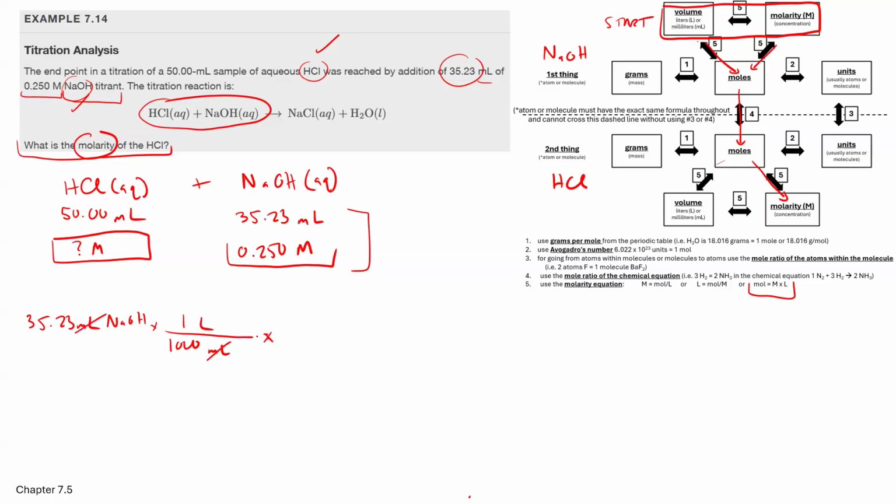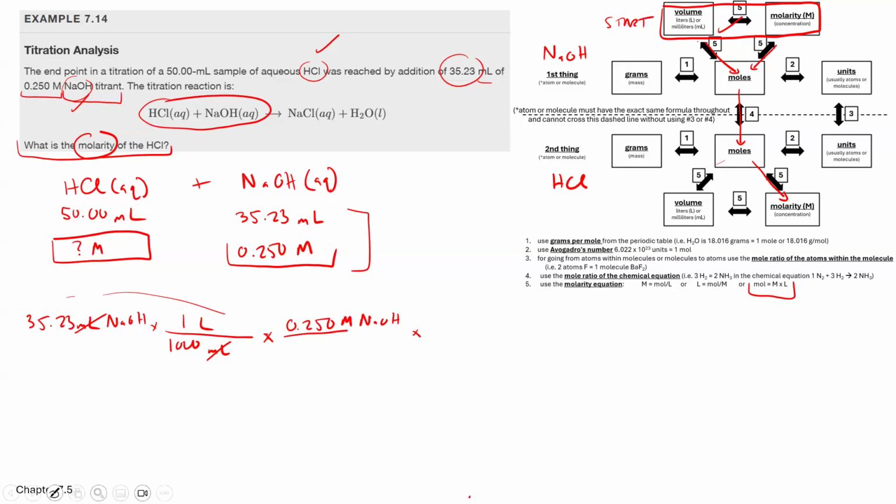Mils cancel out, and we have now liters of sodium hydroxide. All right. So now we just converted to liters, but now we have to go to moles. Now we have to multiply by the molarity, 0.250 molar sodium hydroxide.